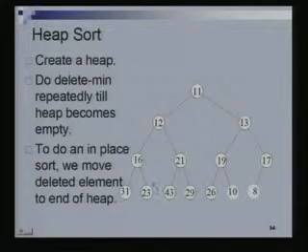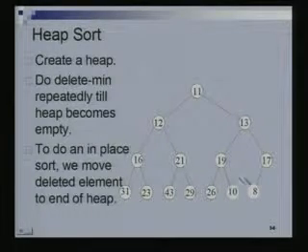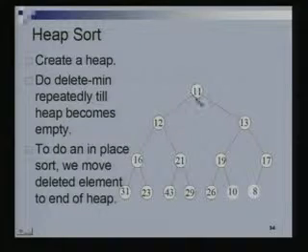The heap is just this. So the heap property is satisfied here because there is only one child, and it has priority less than the priority of its lone child. So this is now a heap. So once again I do the delete min. So 11 is going to be deleted, 26 is going to come here, and 11 is going to come here because this location is now going to be empty.